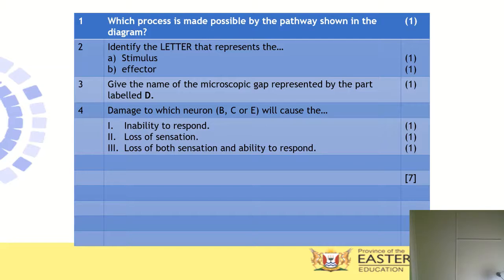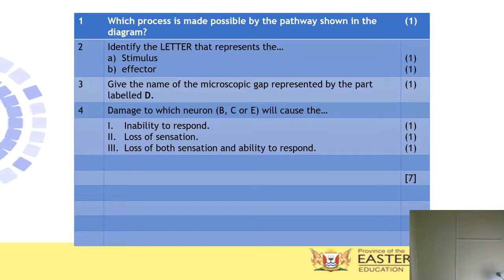The question asks which process is made possible by the pathway shown in the diagram, so your answer there obviously should be reflex action. Now question number 2 says, identify the letter that represents, A, a stimulus. So in your diagram, what should be the stimulus? The letter that represents a stimulus.